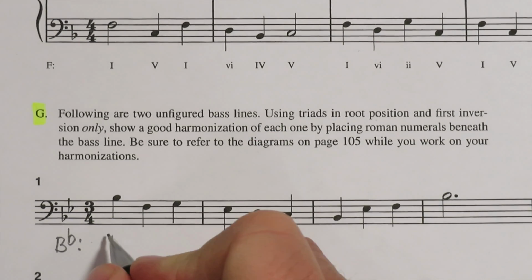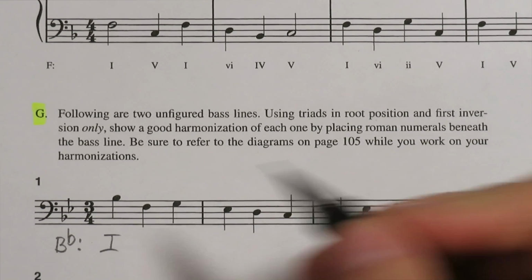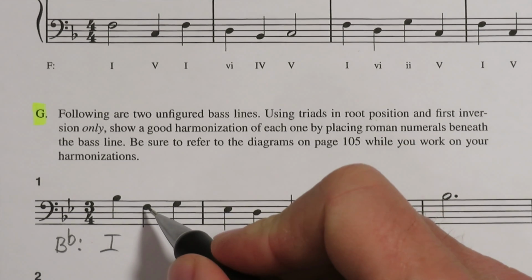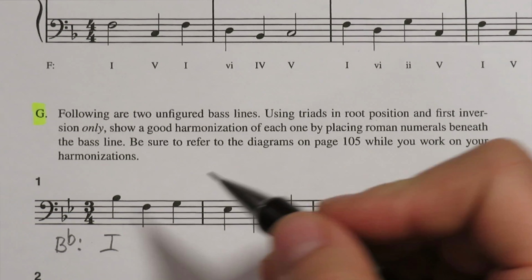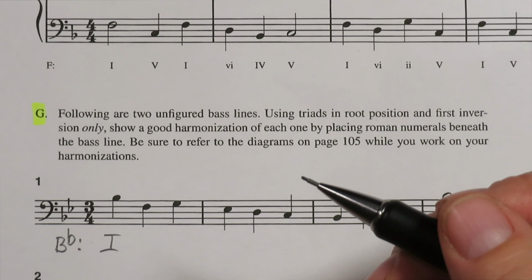And why don't we just start with the 1 chord? And we have an F, so that could be the 5 chord, which is a good way to establish the key right off the bat. That is also the 3rd of the 3 chord. We could do that.